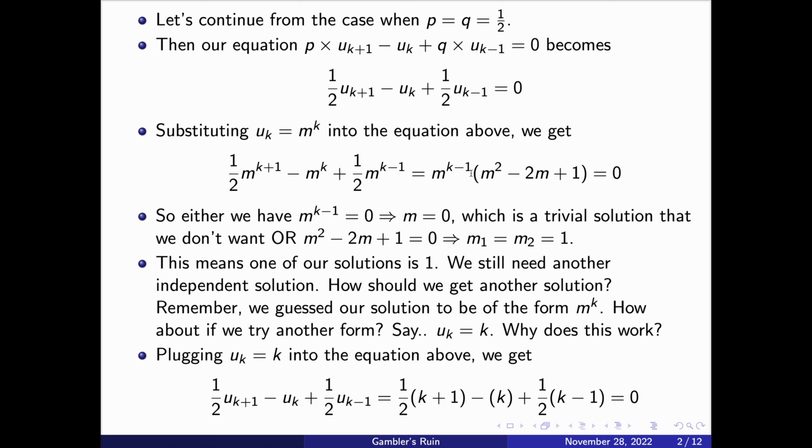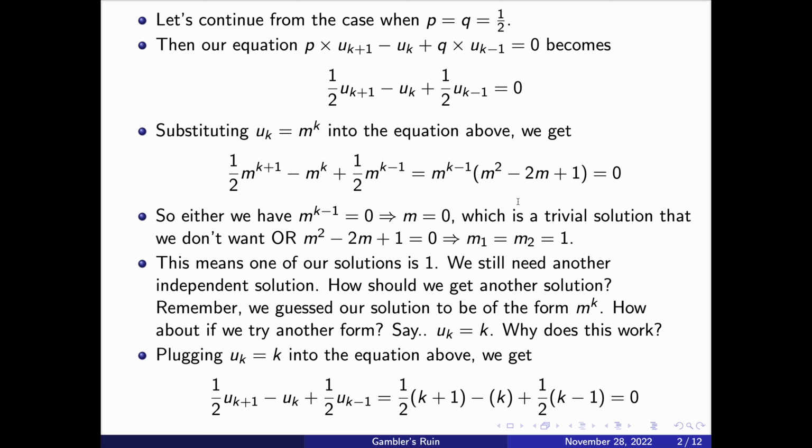We can pull out m to the power of k minus 1, which gives us this times m squared minus 2m plus 1 equals 0. We can have either part equal to 0. But when m to the power of k minus 1 is equal to 0, then m must be 0, which is a trivial solution, so we don't consider that. That means we are looking at this part, and this is our characteristic equation.